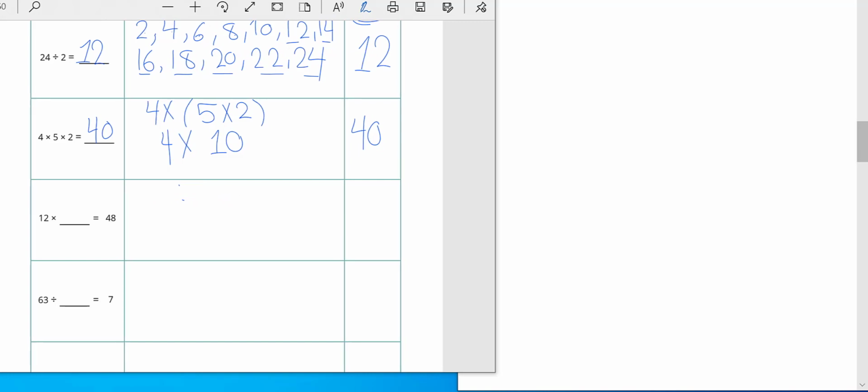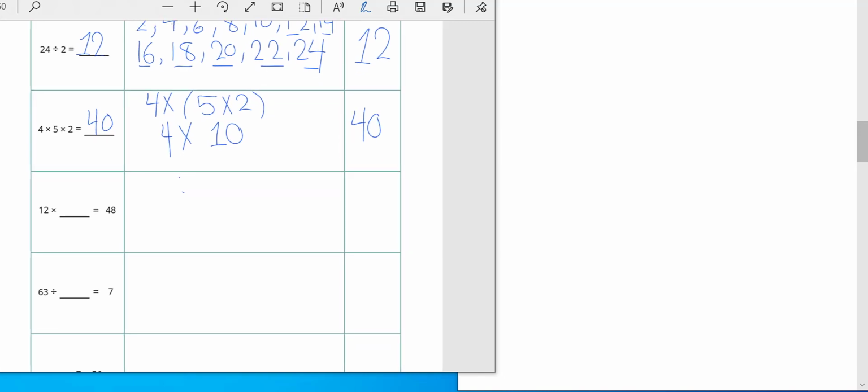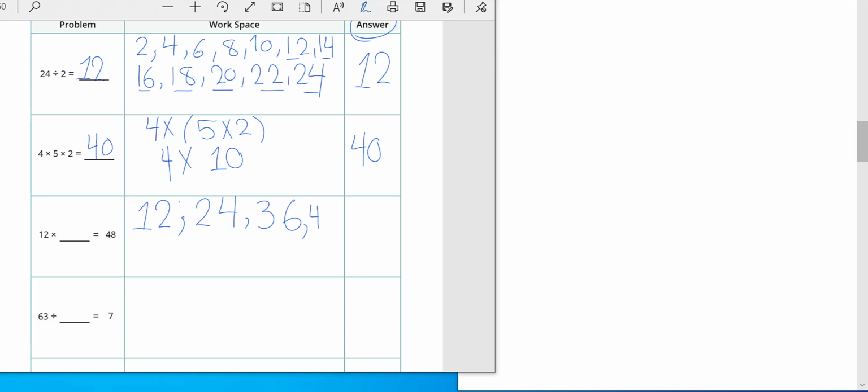We can use part-whole or skip count, so we can skip count by 12. So 12 plus 12 equals 24, plus 12 equals 36, plus 12 equals 48. How many steps did we do? 1, 2, 3, 4. So we have 4 steps, so we write 4 here. The missing factor is 4.